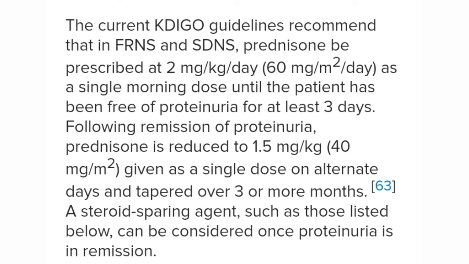So first you give the daily dose and achieve remission. After remission, prednisone is reduced to 1.5 mg per kg as a single dose on alternate days, and it is tapered over 3 months.